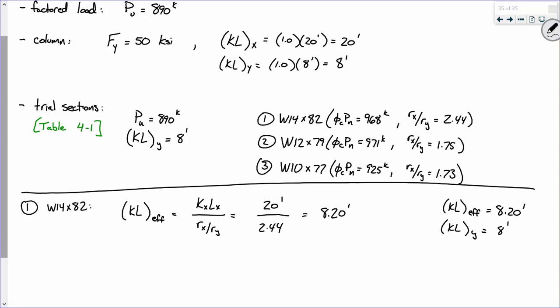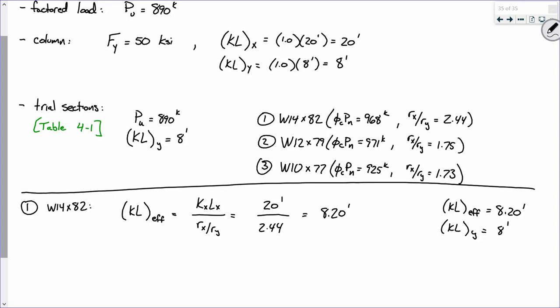We can't compare this and this because it's like comparing apples and oranges. But by making this conversion, we can now compare these apples to apples. And since this value is larger, it tells us that the strong axis governs. Does that make sense?